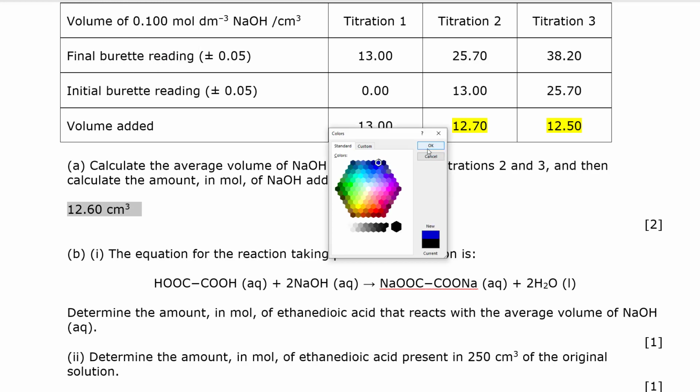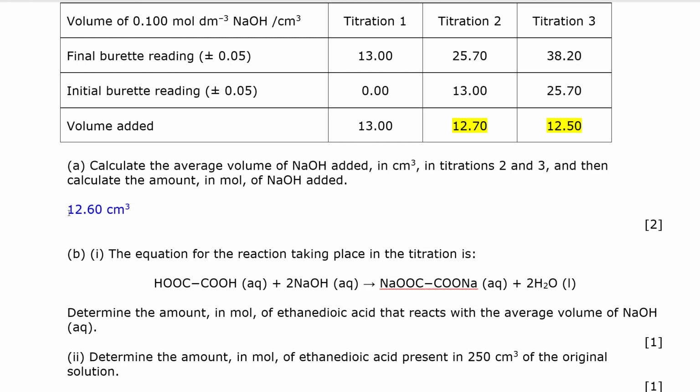I like to be clear what the answer is. Have I written these down right? 38.2 minus 25.7 is 12.5. 25.7 minus 13 is 12.7. Yeah, that's right. This is the rough titration. Remember, the first one we do will always be a bigger number because it's a rough titration. Let me just highlight that so that we know that this is rough.